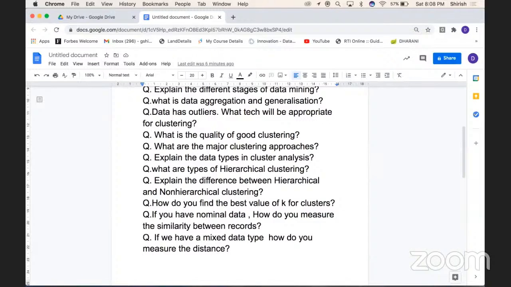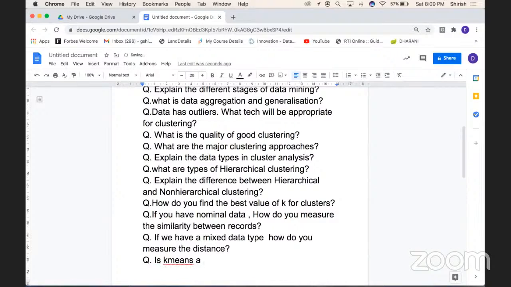No. Okay, let me put it in this way. Non-hierarchical clustering. In non-hierarchical clustering, this is one approach, k-means. Right? Okay, now you'll answer.